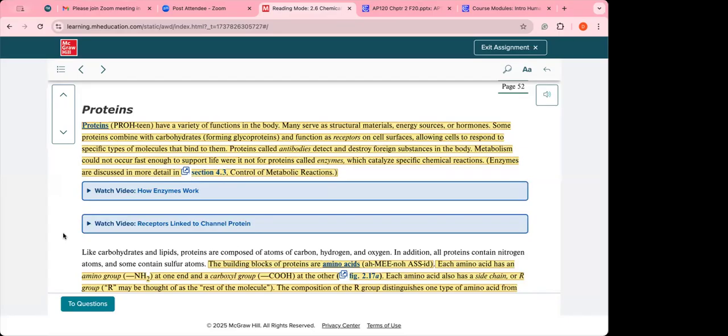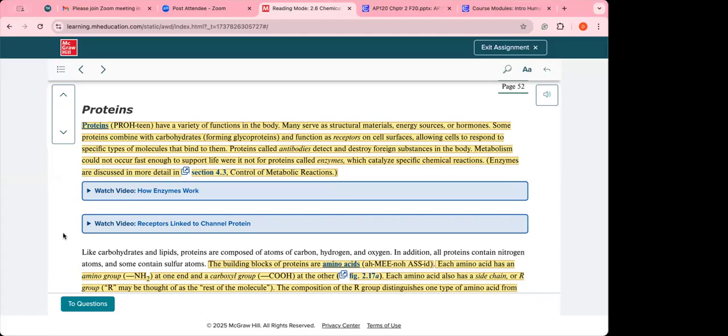They serve as structural materials, and they detect and destroy foreign substances in the body. And then metabolism could not occur fast enough to support life were it not for proteins called enzymes, which catalyze specific chemical reactions.